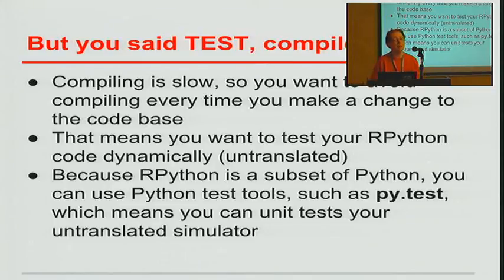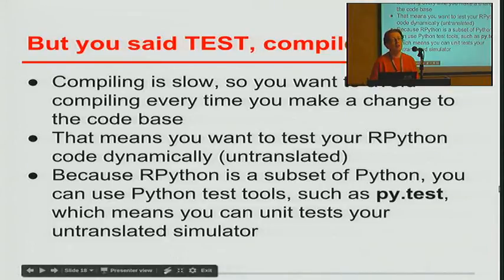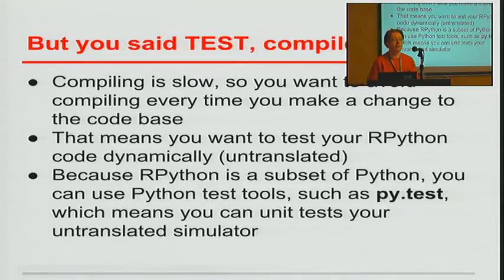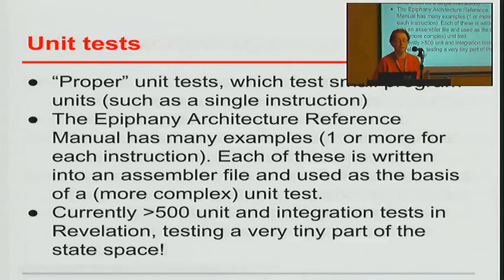You mostly want to test with your RPython code just as it is, because that makes your workflow very, very much faster. So compiling is slow. But because RPython is a restricted subset of Python, that means you can use any Python test framework you like. So I use py.test, but you use your favorite.